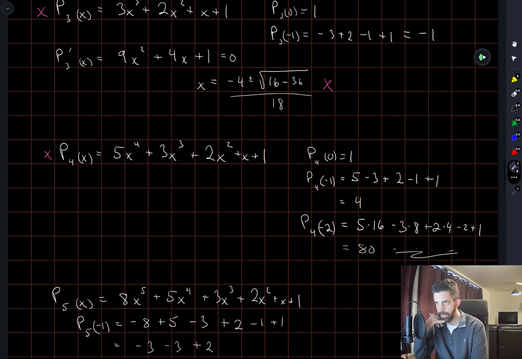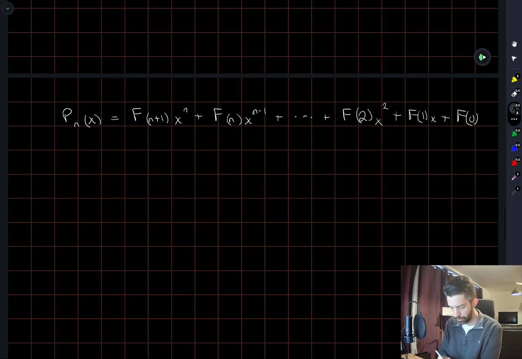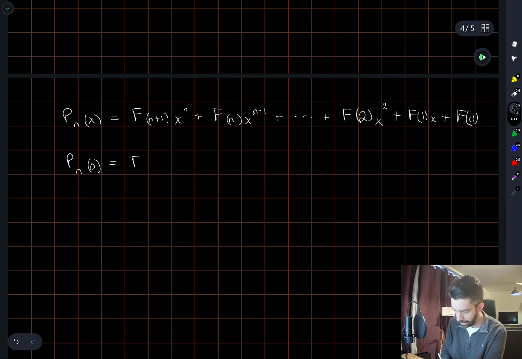I'm inclined to say now that the only answer is when n is equal to 1. Right? If I look at Pn of x, so Pn of 0 is equal to f0, which is equal to 1.